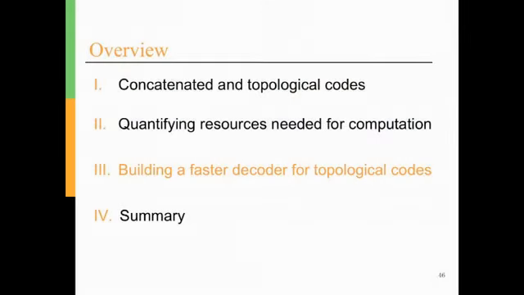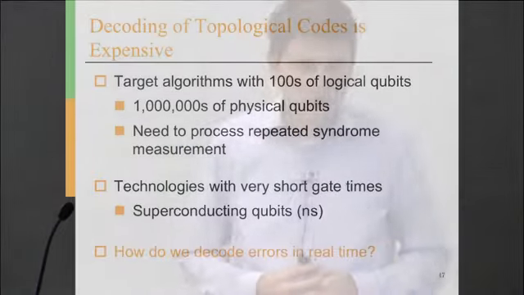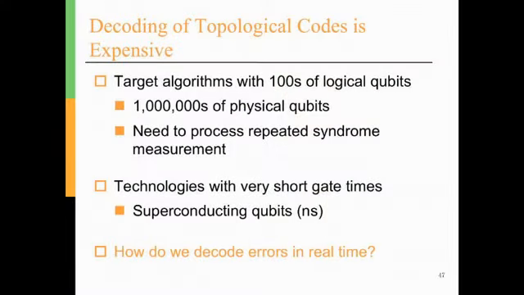So finally, I will just use the last 5 minutes to describe some thoughts about building a faster decoder for topological codes. So far we were only concerned with the quantum resources, but we have to keep in mind that for the surface code, we will also need a classical controller that decodes the errors that occur. So we know that we need to be able to solve a problem that has millions of physical qubits.